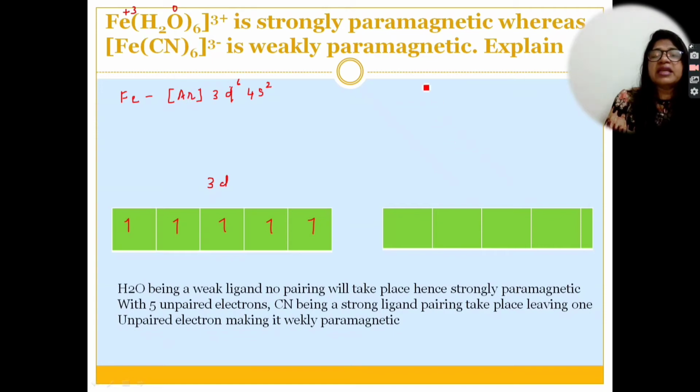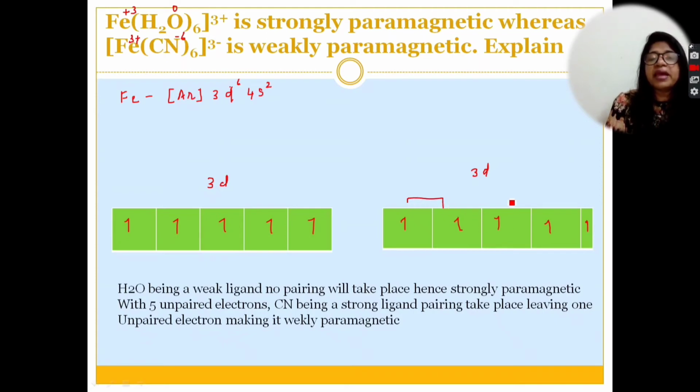Now in the other case, what is the charge of Fe with CN minus? It is 3 plus, because CN is minus 1, minus 1 into 6, minus 6. 3 plus minus 6 only will give you minus 3. Now if you remove the 3 electrons, you have 5 electrons in 3d. But the case here is CN is a strong ligand. CN being a strong ligand, what will happen?